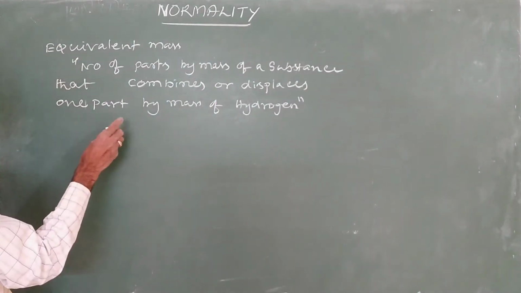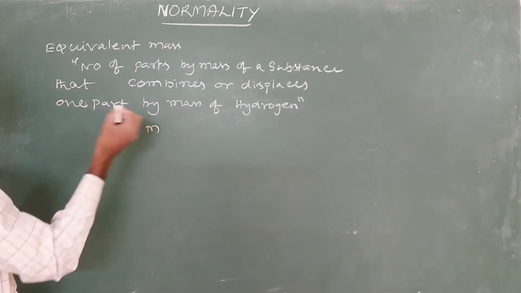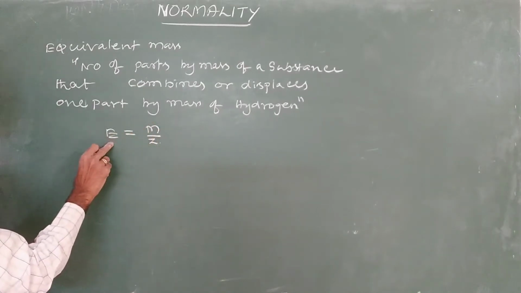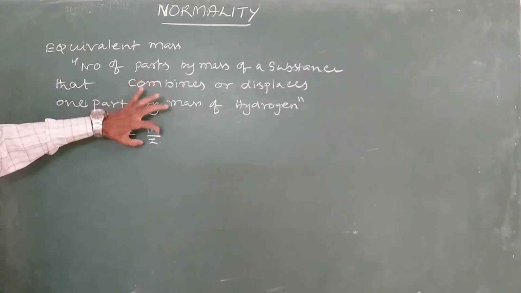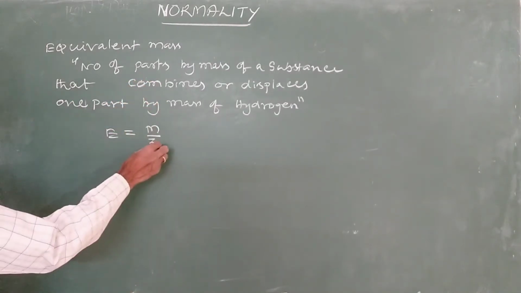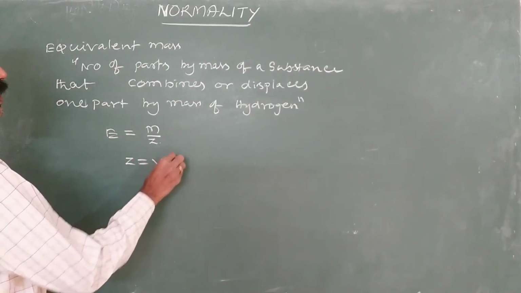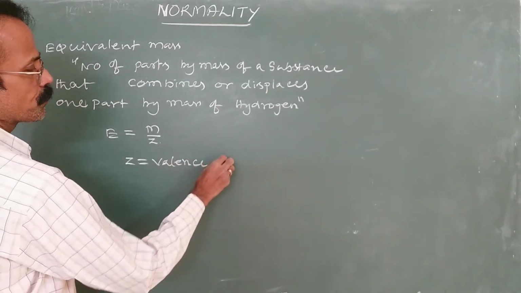Equivalent mass of a substance can be obtained by dividing the molar mass of the substance by the valence factor. Valence factor varies for different substances.